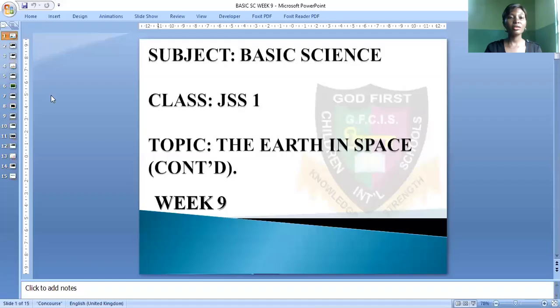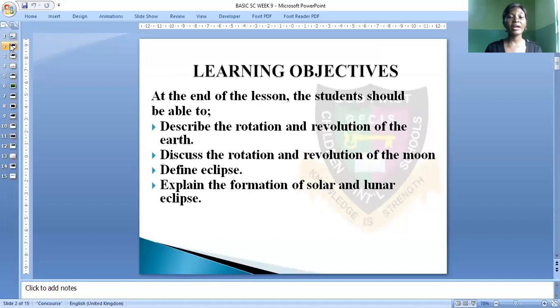Now, before we move to the lesson, let's see the learning objectives. At the end of the lesson, the students should be able to: number 1, describe the rotation and revolution of the Earth.